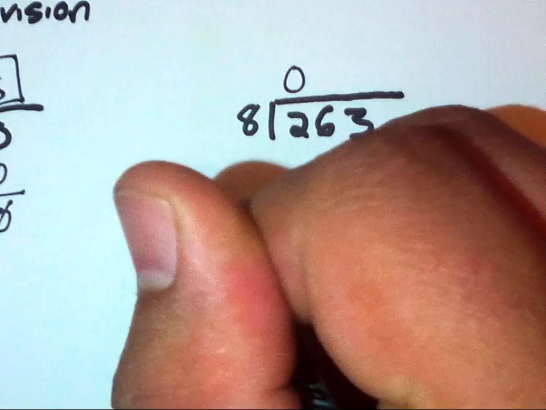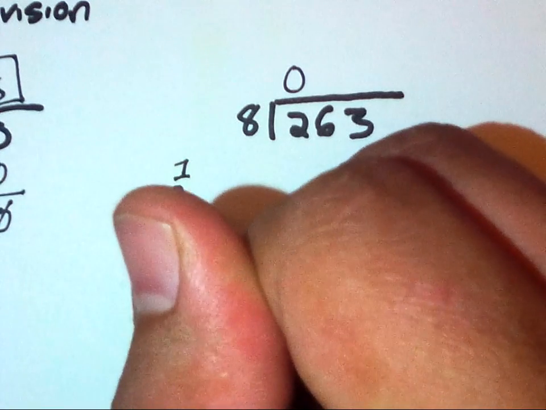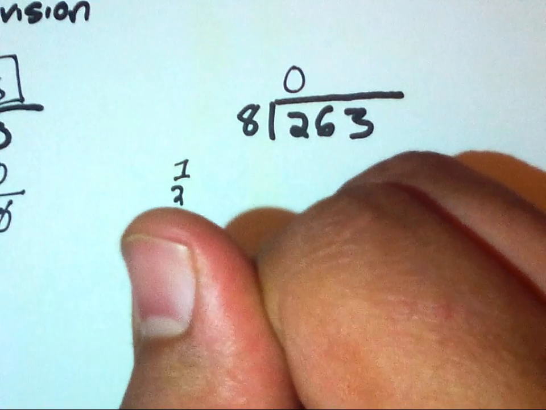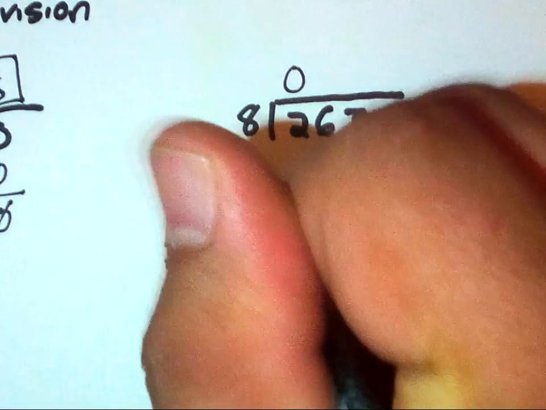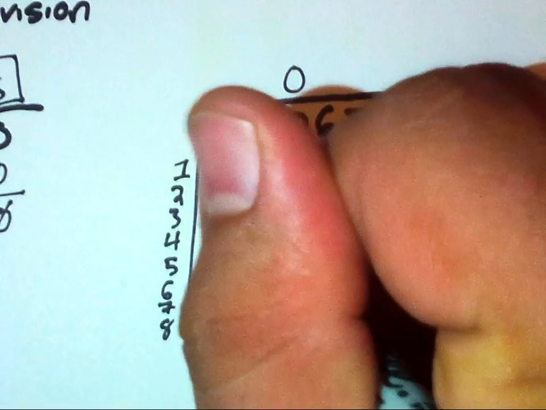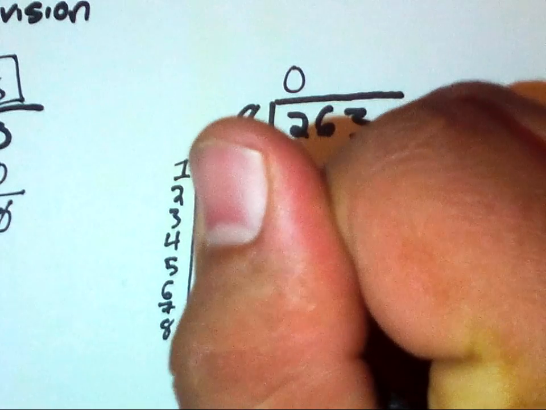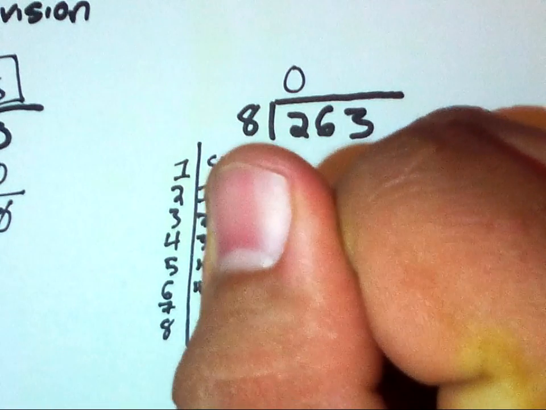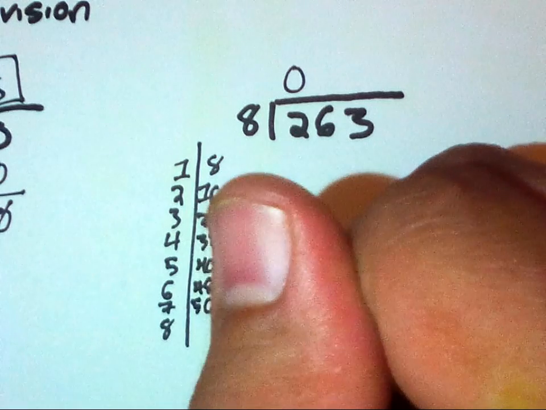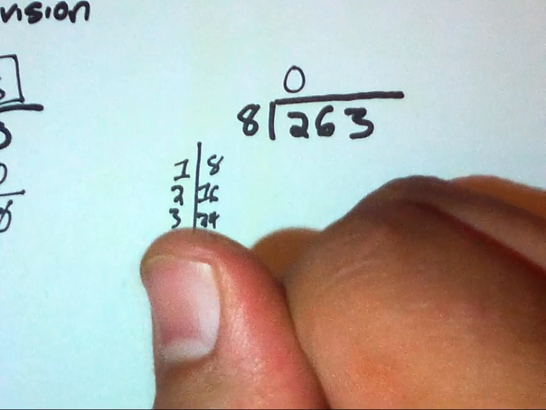Well, what I would probably do, again, if I didn't have a calculator, is I would probably figure out just a little list of the table of 8. So 8, 16, 24, 32, 40, 48, 56, and 64, and we'll slip in 72.